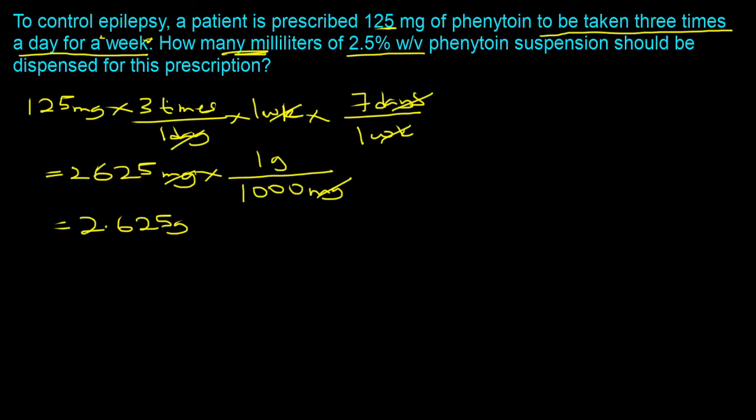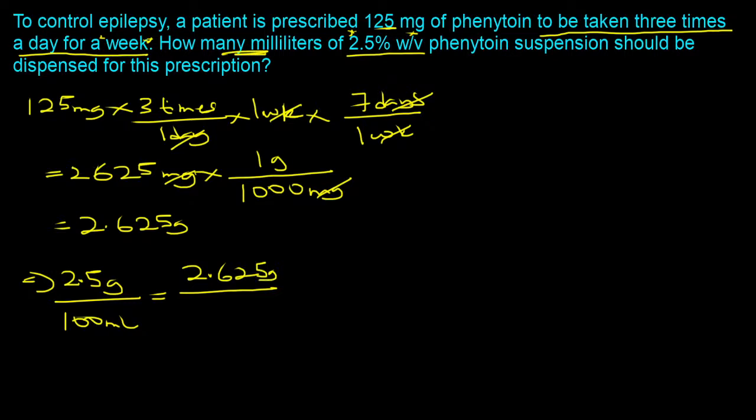But the question asks for milliliters, so we need to make use of this percentage concentration information. We take the 2.5%, which means you have 2.5 grams of phenytoin in 100 milliliters of preparation. How many milliliters will we need for the 2.625 grams? That is the question. So we solve for X, which is our unknown here.